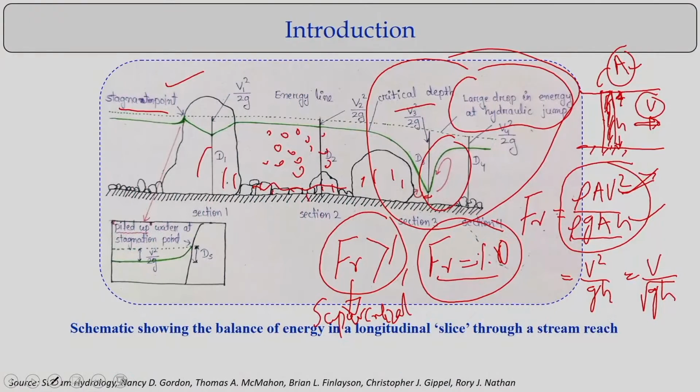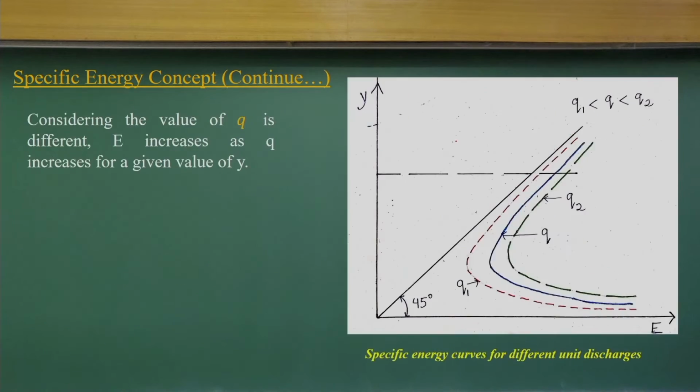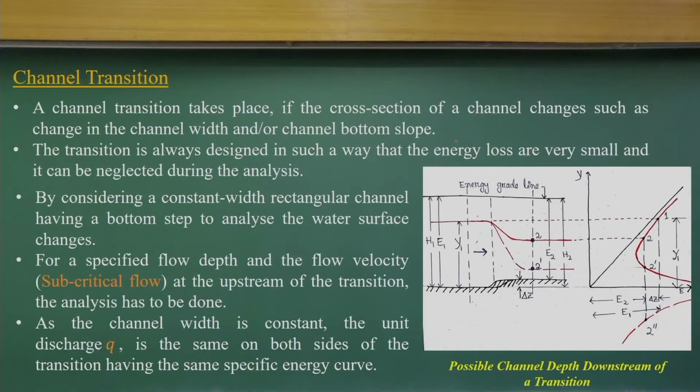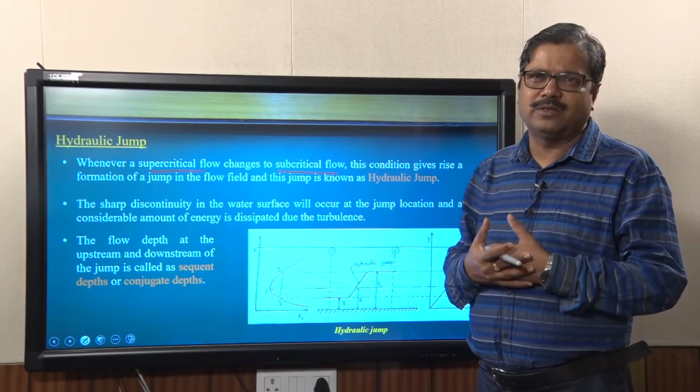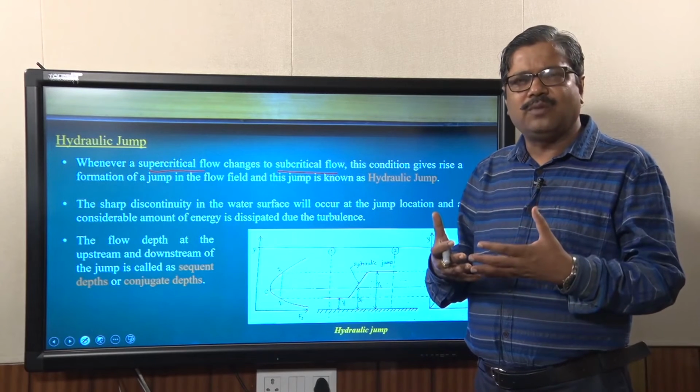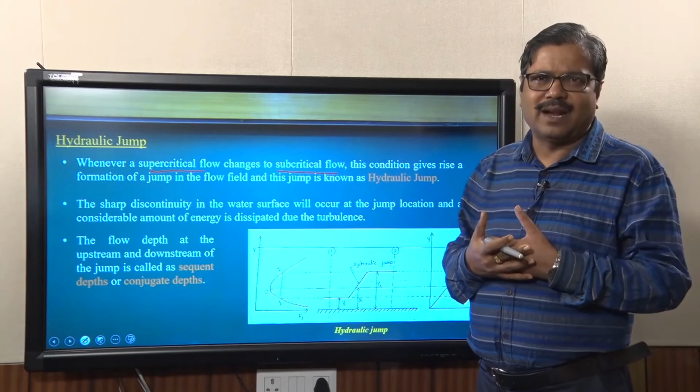Let's go to the hydraulic jump part, for which we already discussed the specific energy. A hydraulic jump happens when a supercritical flow changes to subcritical flow. In terms of Froude number, in supercritical flow the inertia forces are larger than the gravity force.